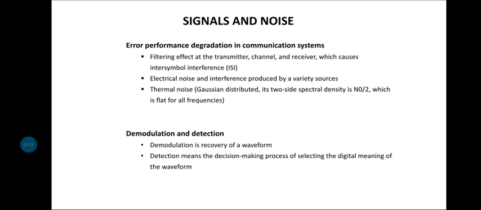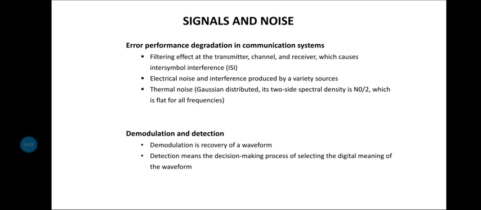The first is the effect of filtering at the transmitter, channel and receiver, which causes intersymbol interference. Another is the error performance degradation due to the presence of electrical noise and interference produced by it.